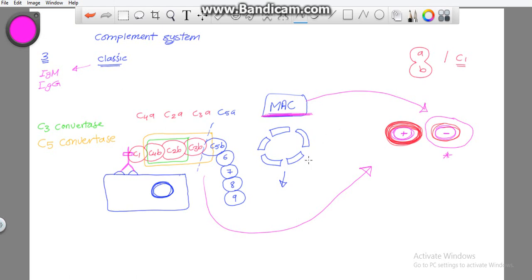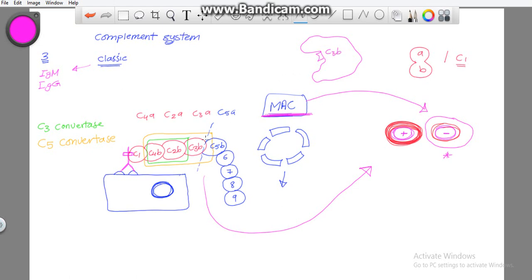Now the thing is that C3b can act on certain receptors on macrophages or neutrophils. Let's suppose that this is a macrophage. It has a certain receptor for the C3b.